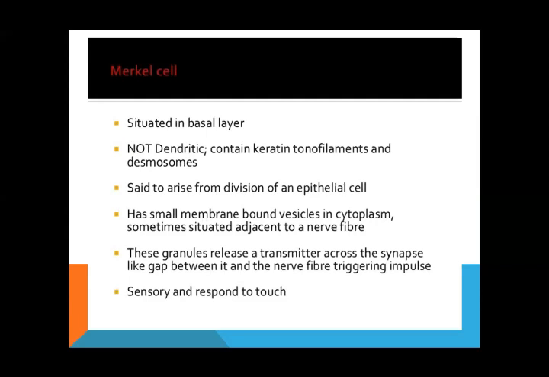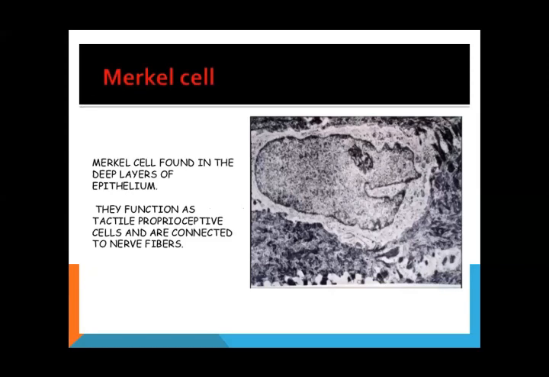These granules release a transmitter across a synapse-like gap between the cell and the fiber, triggering an impulse. It is sensory and responds to touch. Cells are found in the deep layers of epithelium. They function as tactile proprioceptive cells and are connected to nerve fibers.